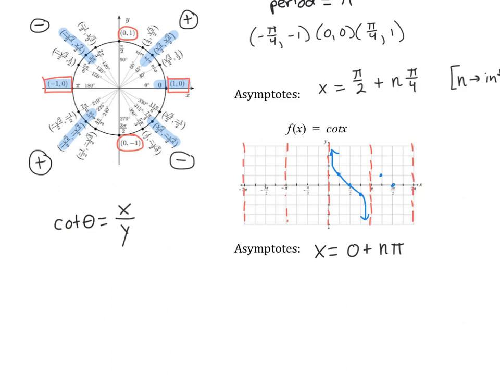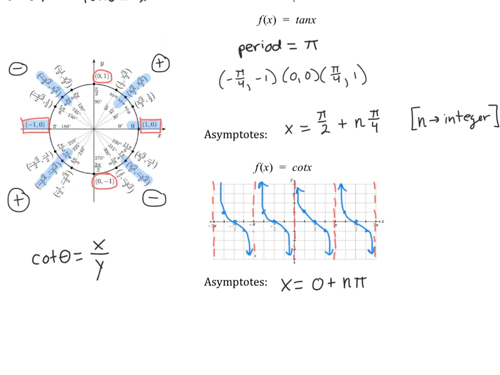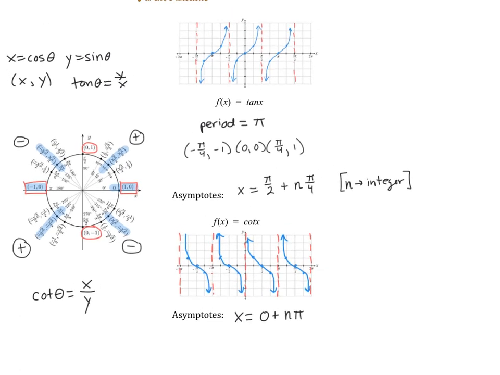So we can go right here. And notice that we still have that same kind of S-shaped graph as we did with tangent. And there you have it. So this is 4 full periods of cotangent. If you compare the shapes, they look similar.